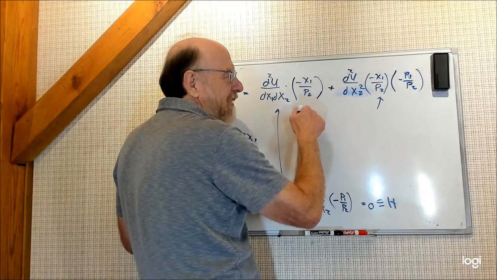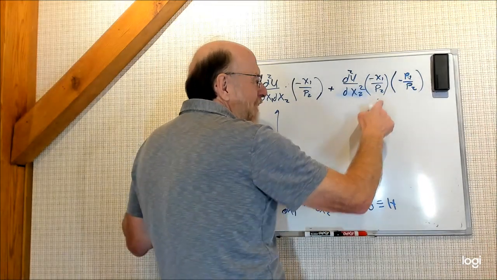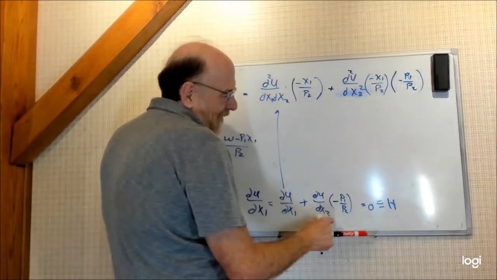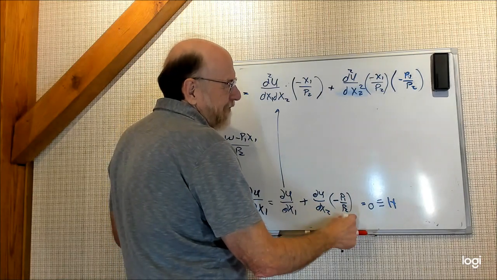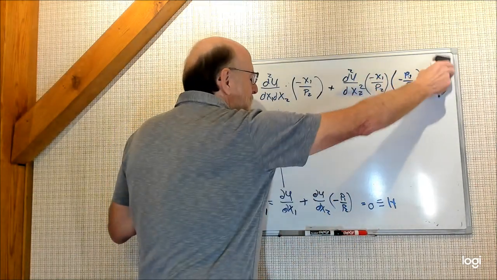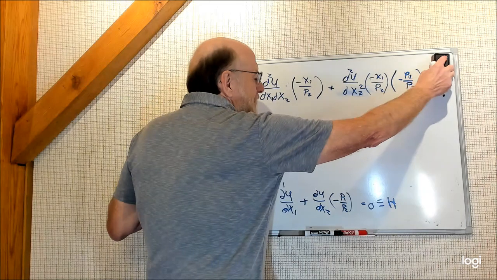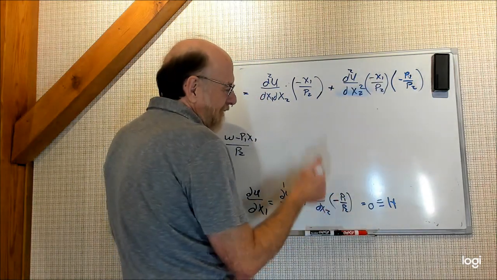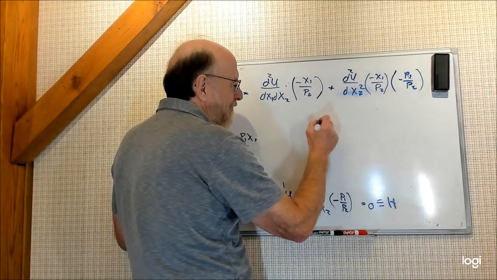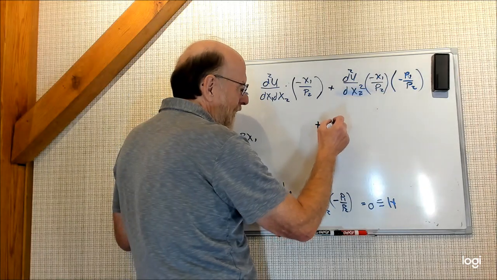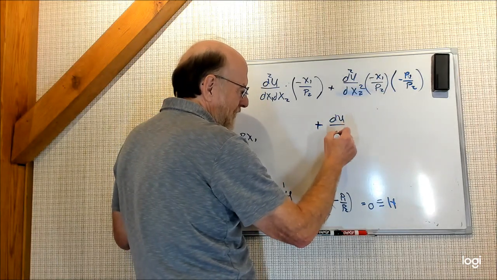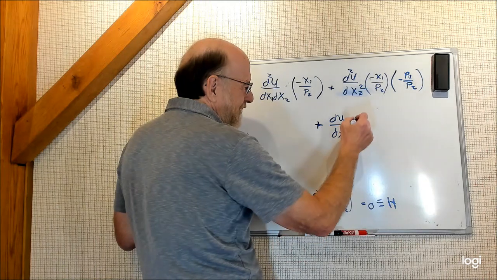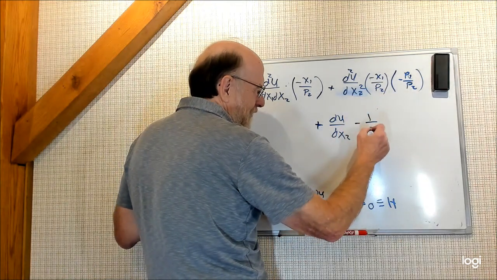Right, same as we got over here. Now we're doing the product rule, so this is the derivative of the first term times the second term, and then we're going to have to do the derivative of the second term times the first term. So we're going to have another term, plus du dx2, that's the first term, times the derivative of the second term, minus 1 over p2.